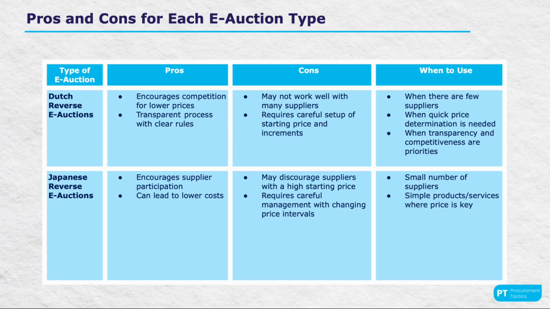It encourages supplier participation and can lead to lower costs. Meanwhile, the cons are that it may discourage suppliers with a high starting price and requires careful management with changing price intervals. When to use it, you may ask yourself. Well, when a small number of suppliers is present and when simple products and services where price is key are present.